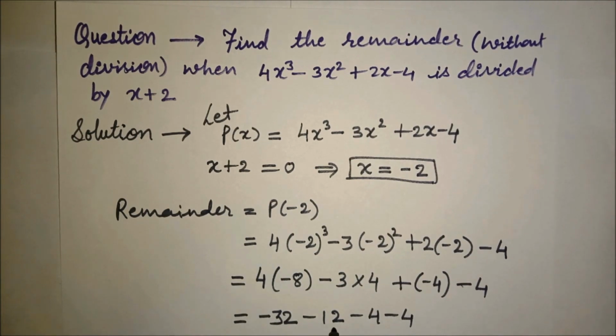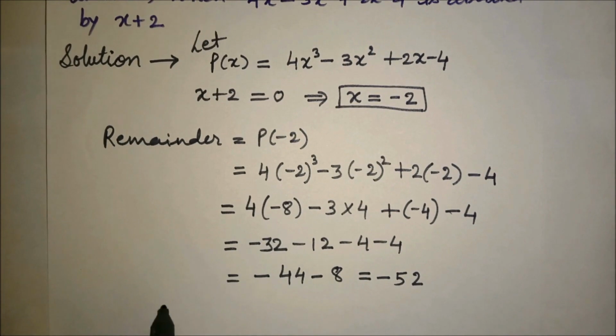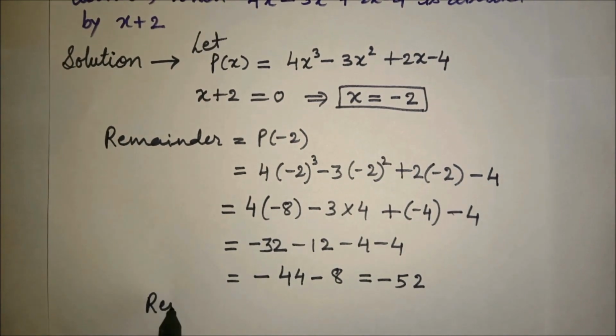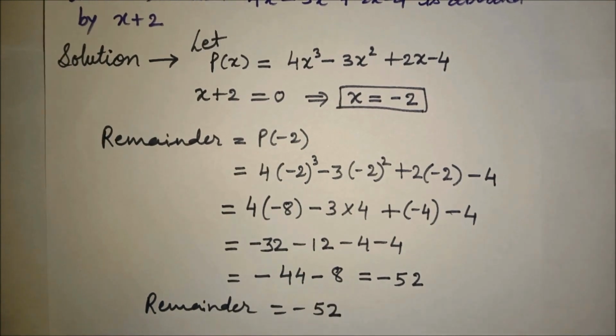Minus 32 and minus 12 is equal to minus 44, and minus 4 and minus 4 is equal to minus 8. 44 plus 8 is 52, and this is minus 52. Therefore the remainder of the polynomial when divided by x plus 2 is minus 52.